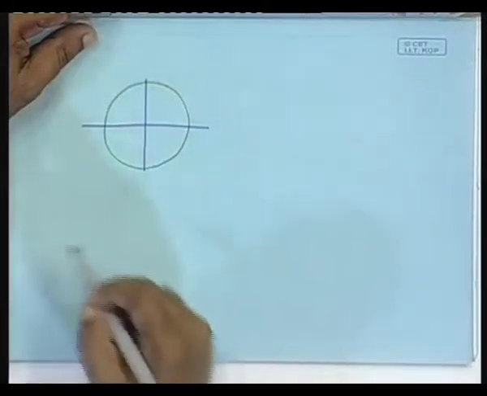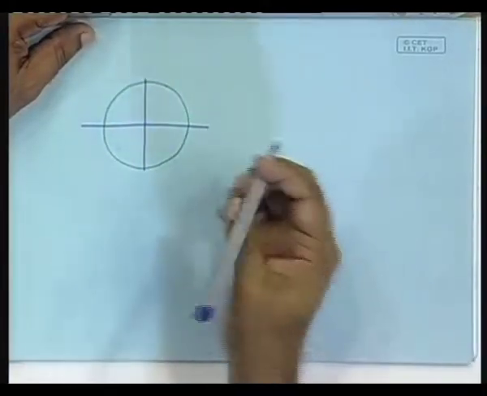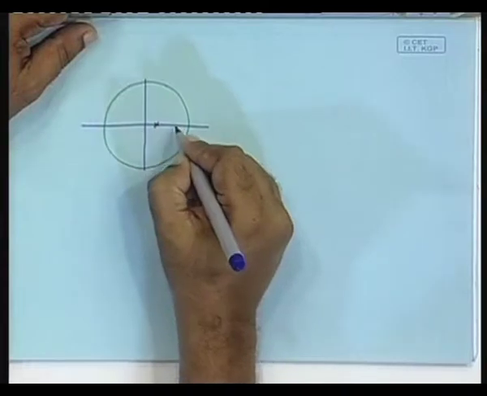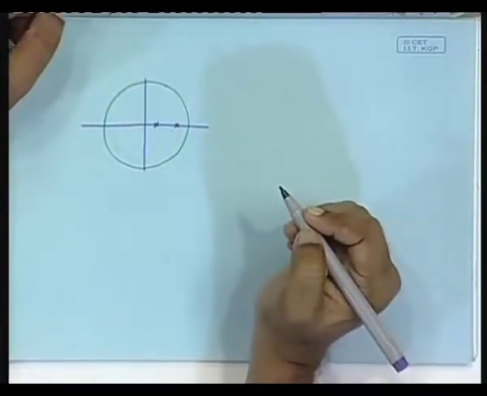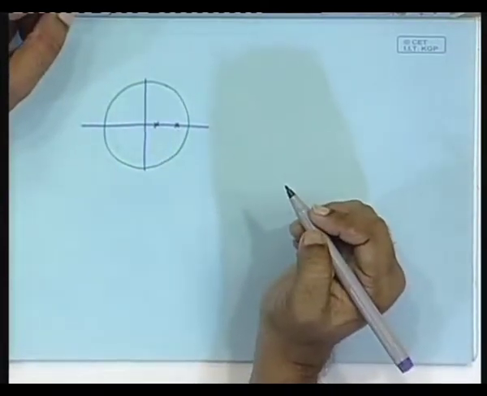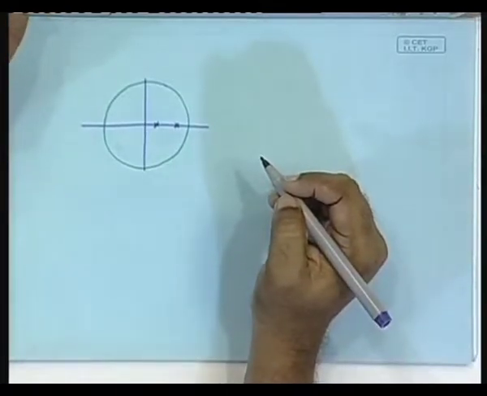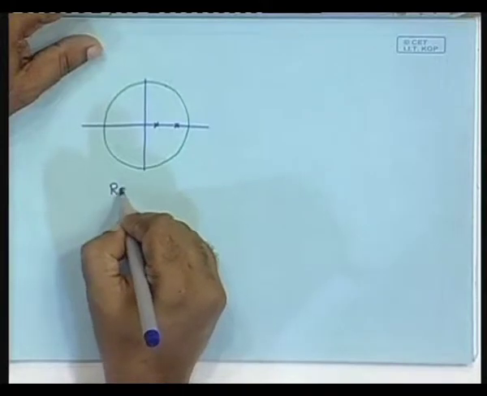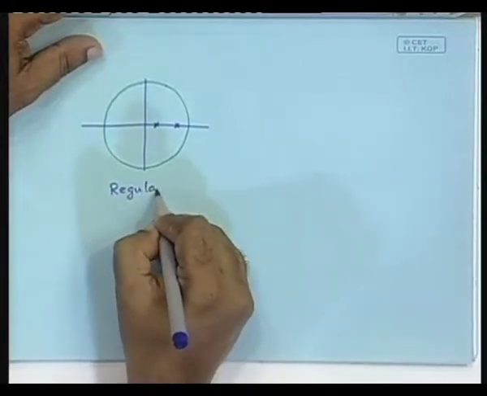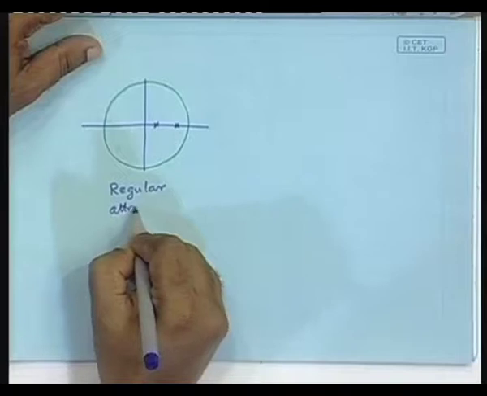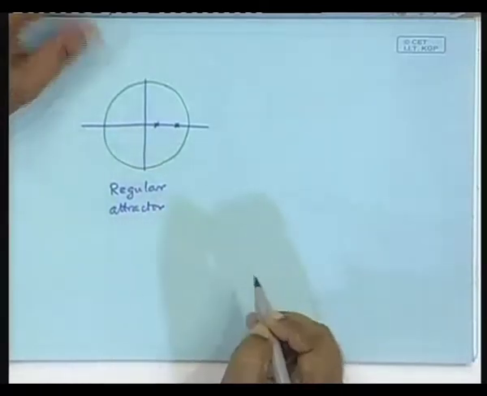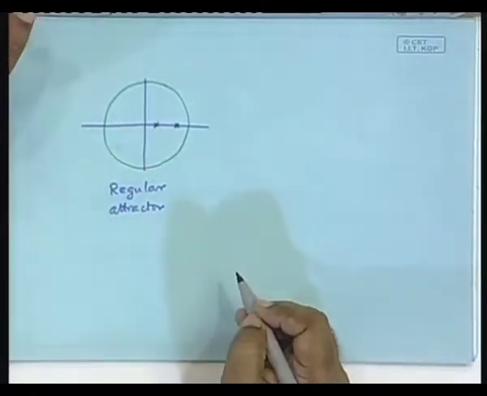This is the unit circle. What if you have two fixed points like this? What is it called? It is a regular attractor. So, this is a regular attractor. When will that happen?